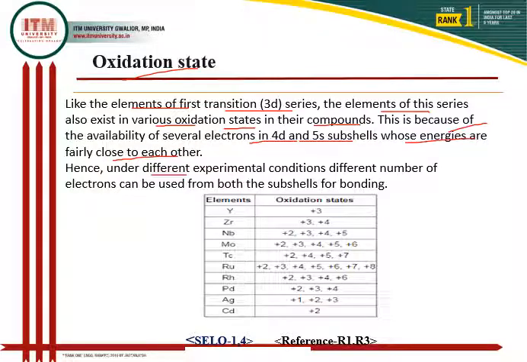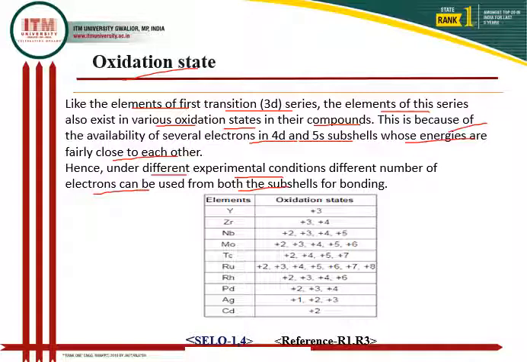Under different experimental conditions, a different number of electrons can be used from both the d and s subshells, and they have fairly equal energy. Because of that, they can have different oxidation states.